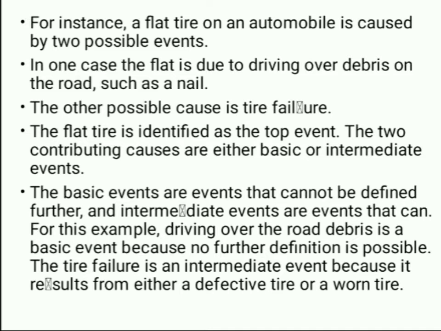The other possible cause is tire failure, which means there is a problem in the tire. So two events may cause the flat tire. With this example we can draw the fault tree.